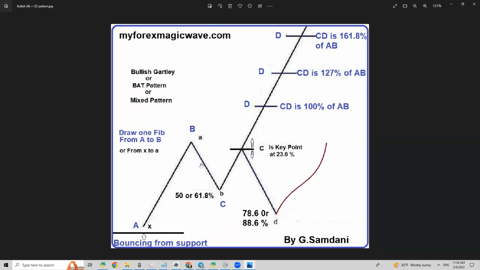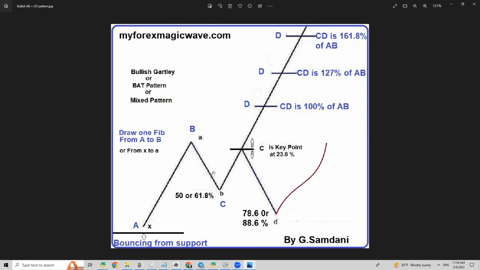And the fourth option is that it will go all the way down anyway, right? So if it is bouncing from one of these levels, we've got to pay attention to where it goes. 90% of the time, if it is bouncing from 50 or 61%, it will go back to the 23% line of the same fib you draw from A to B, or XA, this move, this swing here, right?